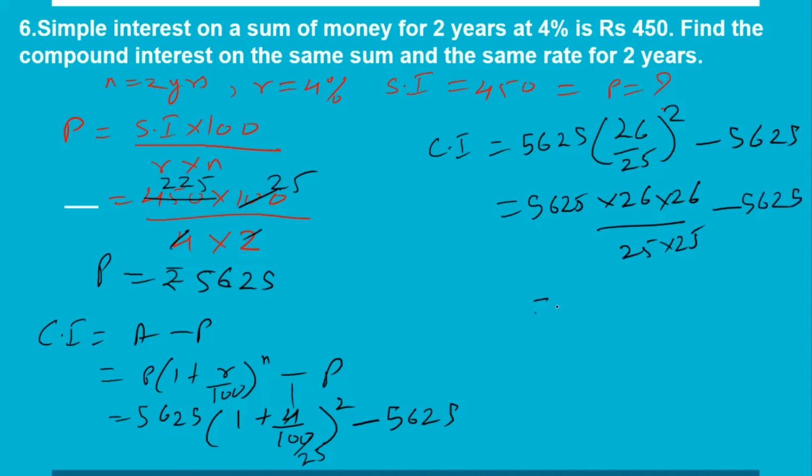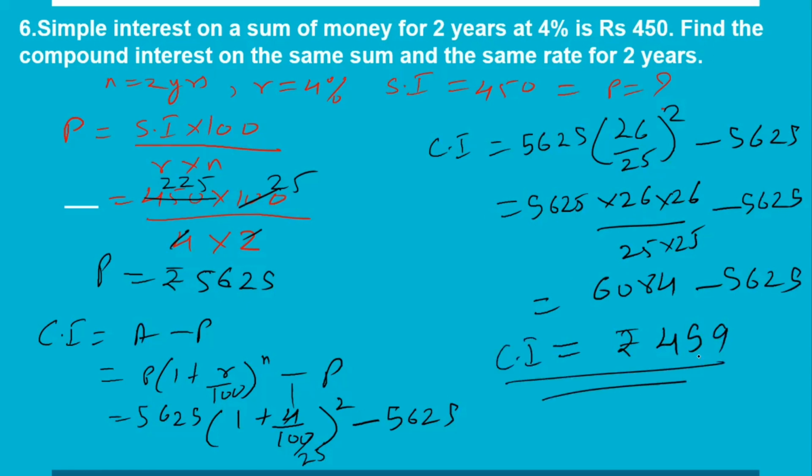You get 6,084 minus 5,625. Subtract this, you get rupees 459, and this is your required compound interest. Got it? Let's move on to the next question.